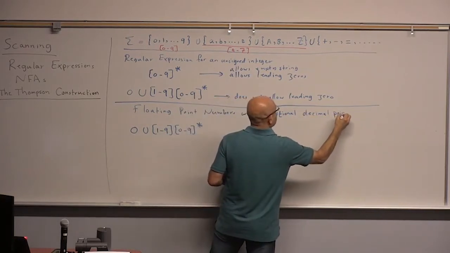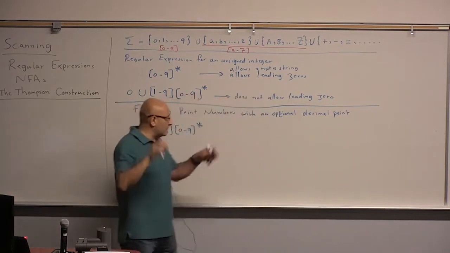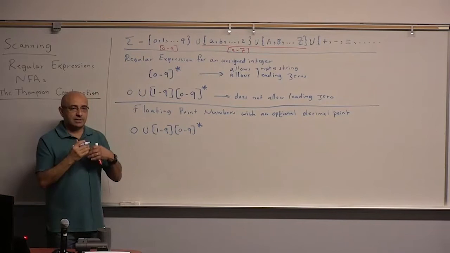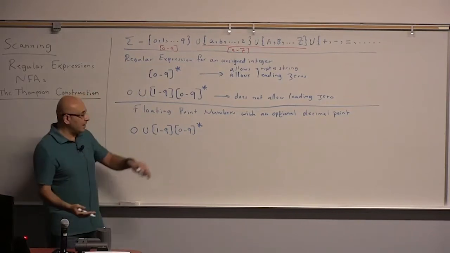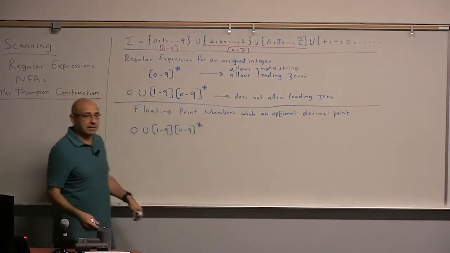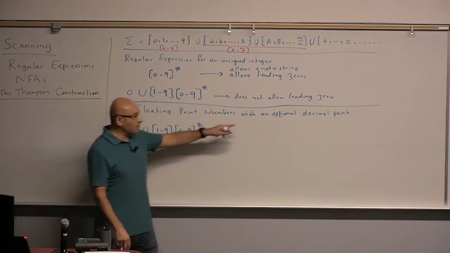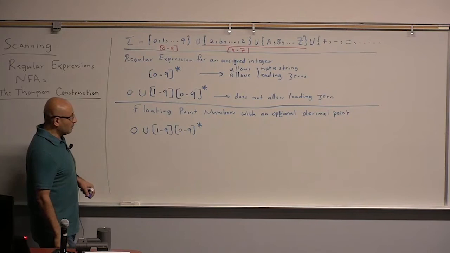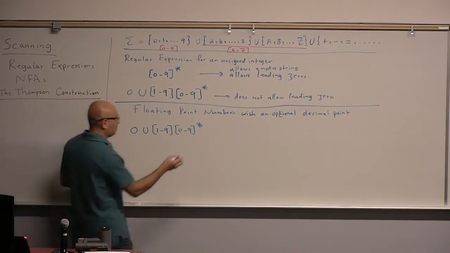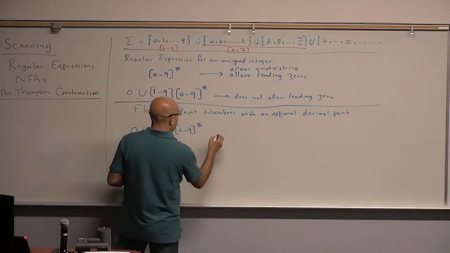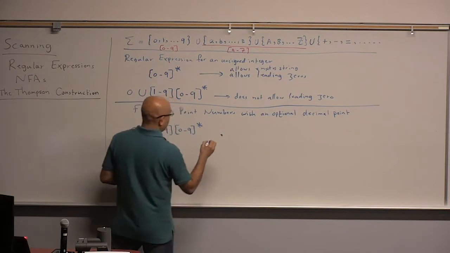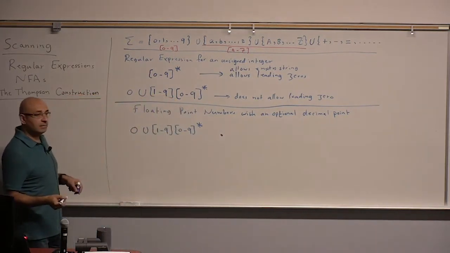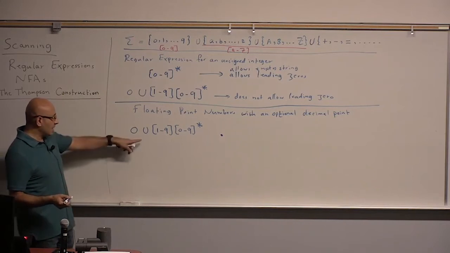Again, in this course, it's not our job to decide whether the decimal point is optional or not optional. This is given to us, and we build a compiler that satisfies these specs. So if the decimal point is optional, then how do we express this? So let's say that the decimal point is not optional. So we'll put a decimal point. Then after the decimal point, we'll have what? Yeah, we can have an integer.